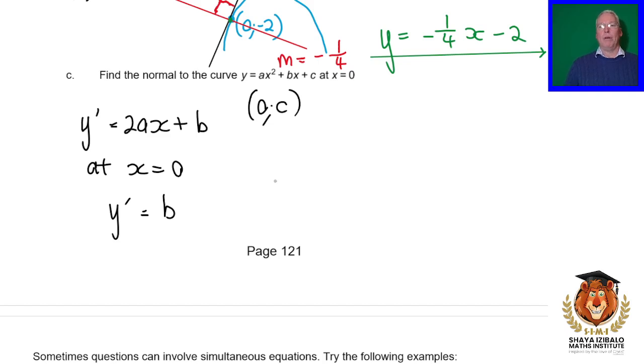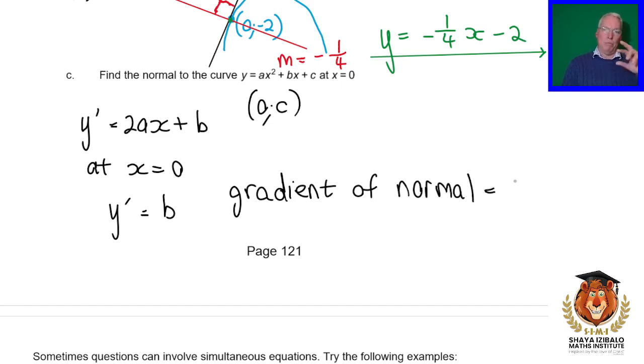Now what is perpendicular to b? And the answer is negative 1 over b. So for the gradient of the tangent, b, to get the gradient of the normal we're going to take b over 1, turn it over, and change the sign.